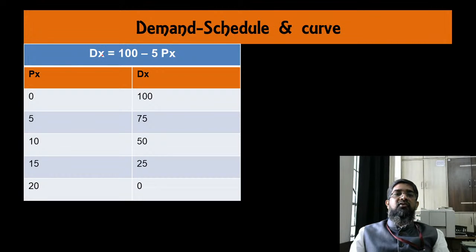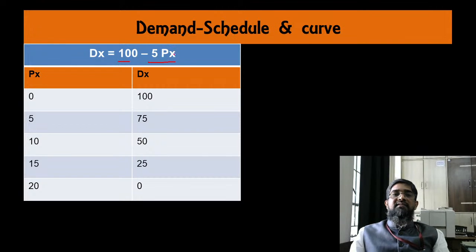Dx, that is demand for x, is equal to 100 minus 5Px, where Px is the price of x. So price has an inverse relation with the quantity demanded. That's why this symbol is minus, right? Otherwise you will find a plus sign if the variable is having a positive impact.